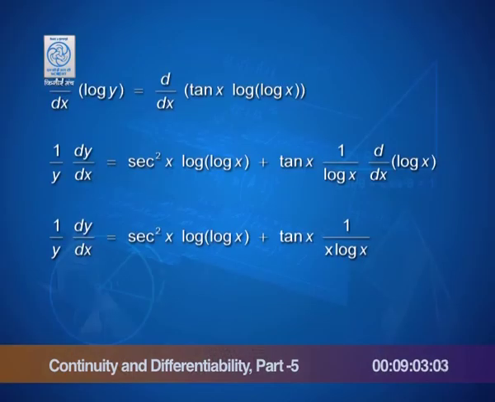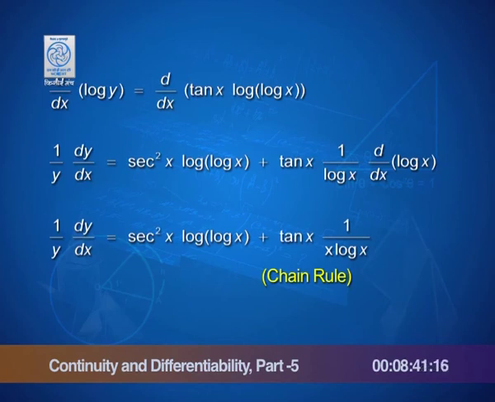So, we get on differentiating 1 by y dy by dx equal to sec square x log of log x plus tan x, and note how we have differentiated log of log x. Again presence of chain rule, log derivative will give me 1 by log x.